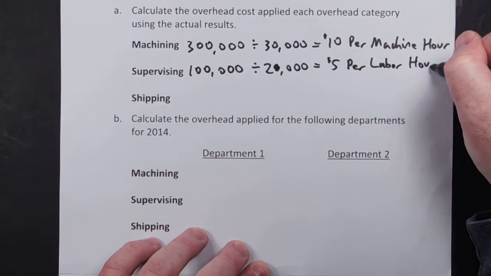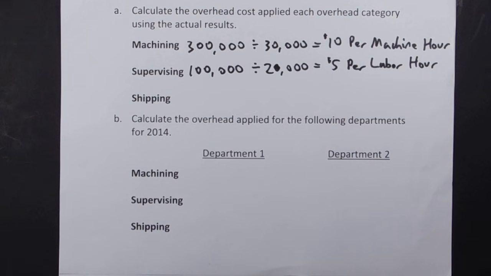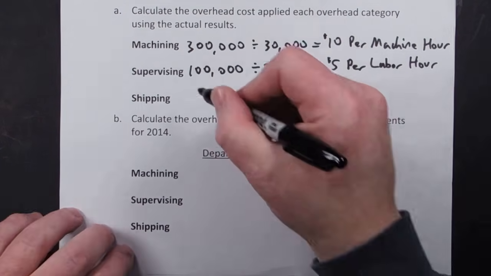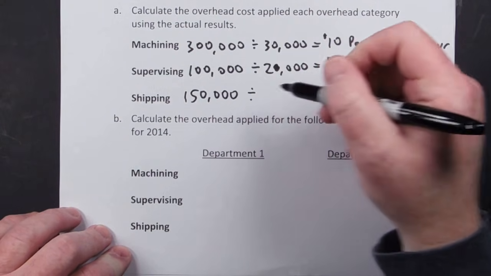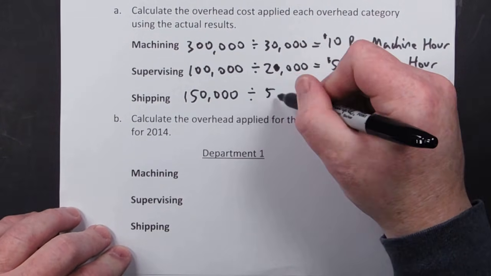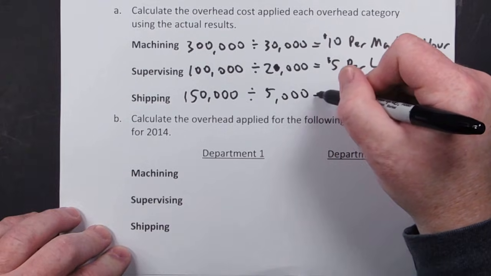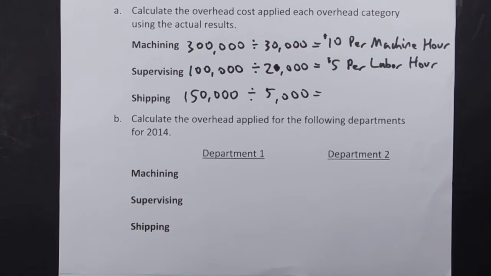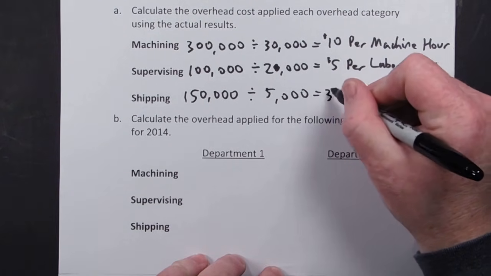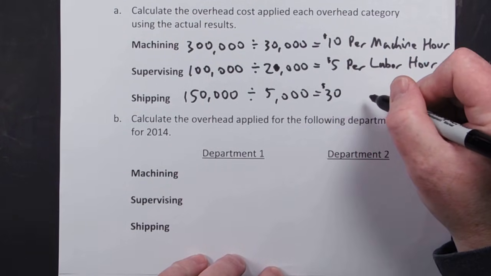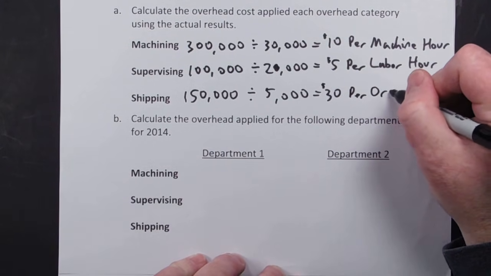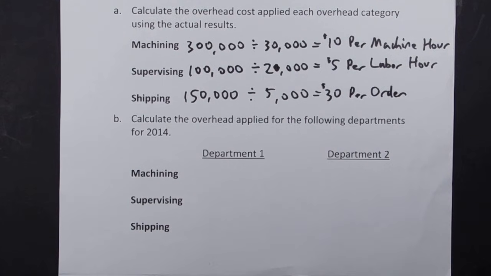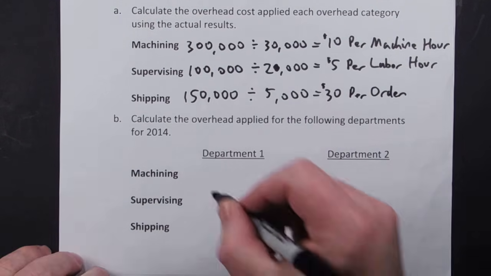So it's going to be $5 per hour. And the shipping, we had 150,000 divided by 5,000 orders total, so it's going to be $30 per order. And I just come down here to the bottom and figure out how much goes to each department.